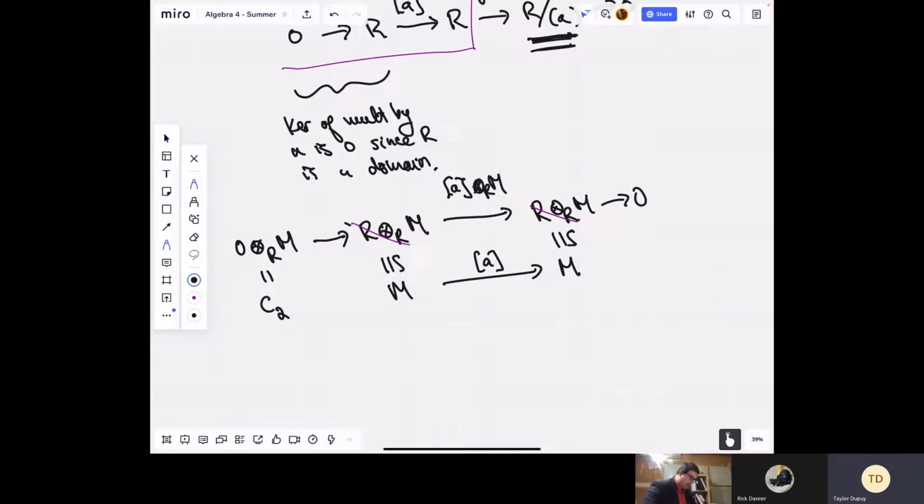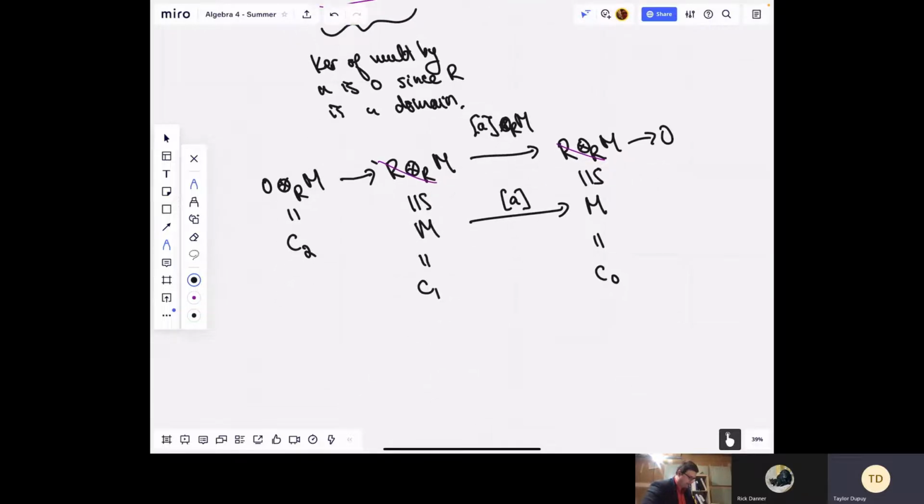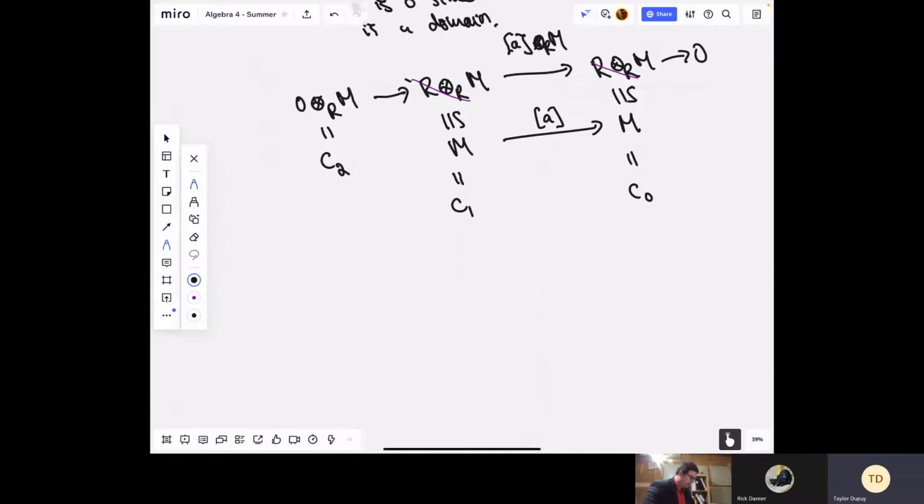Okay, so now we have our resolution. So this is C1, and this is C0. So this is the chain complex that gives us our Tor. Okay, so now we can compute Tor 0. So Tor 0 of M comma R mod A. So what is this thing?